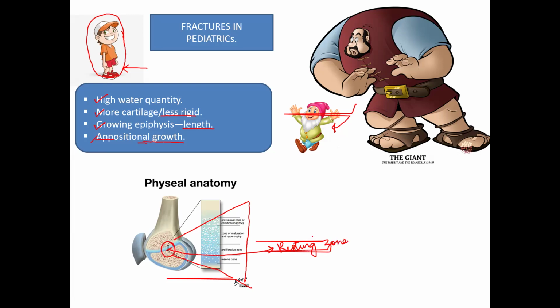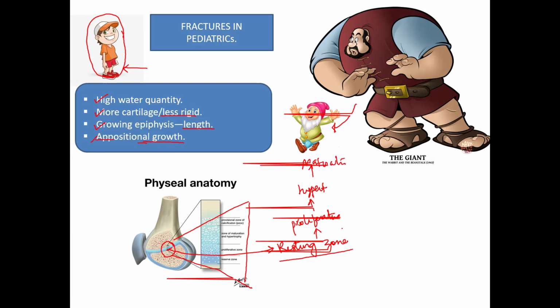Here we have the cells which will multiply in future and form the new bone, followed by the proliferative zone, then the hypertrophic zone, then the maturation zone.